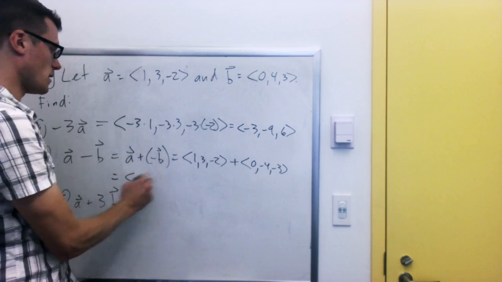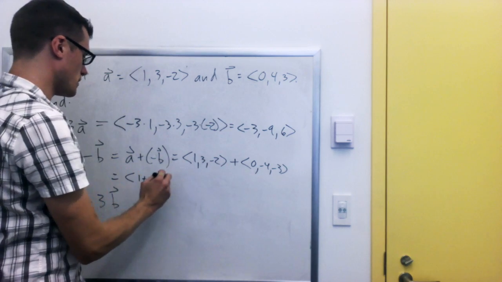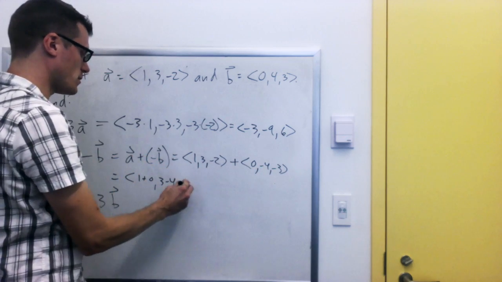This ends up being 1 plus 0, 3 plus negative 4, which is just 3 minus 4, and negative 2 plus negative 3, which is negative 2 minus 3.